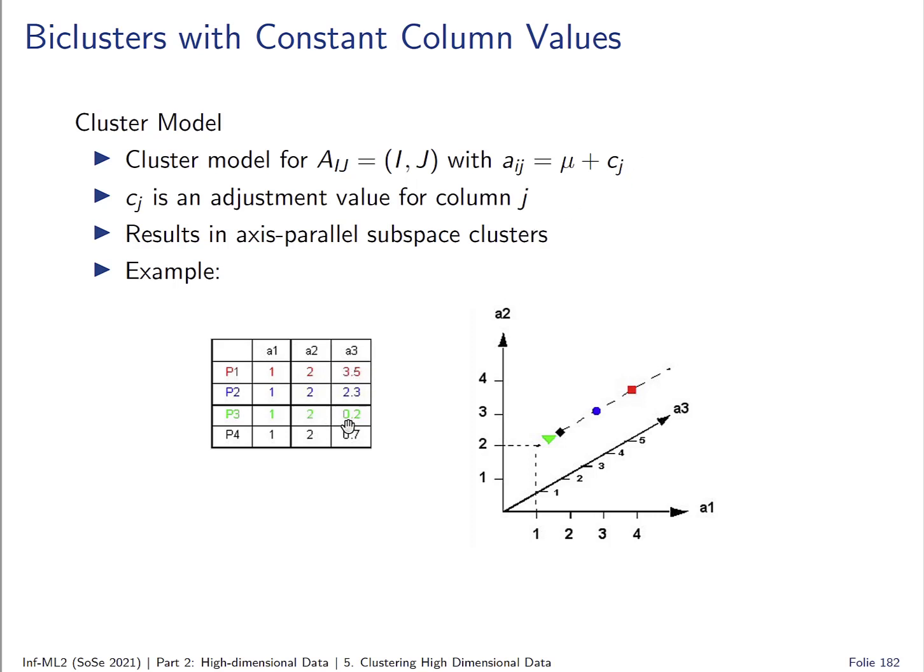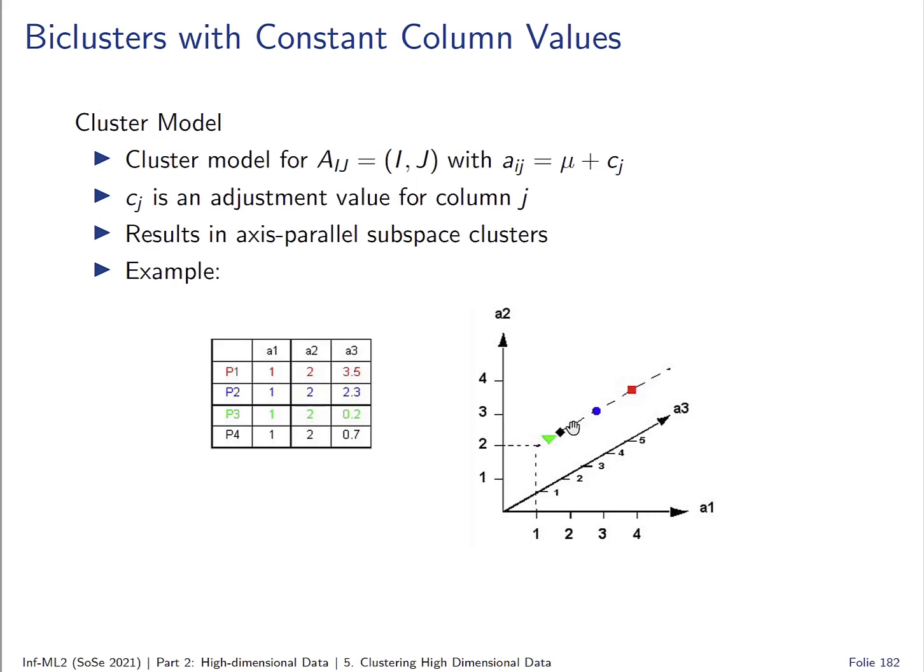So column 3 is not part of the submatrix, of the cluster. So you see that for one column, for all the rows in the same column, we need the same, a constant value. But over different columns, we may have different values. And that is this adjustment value Cj here.